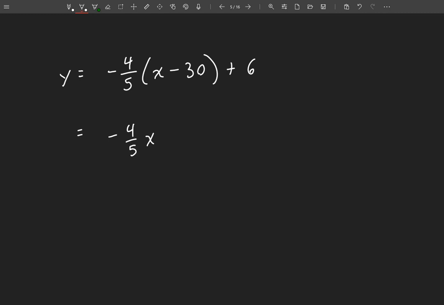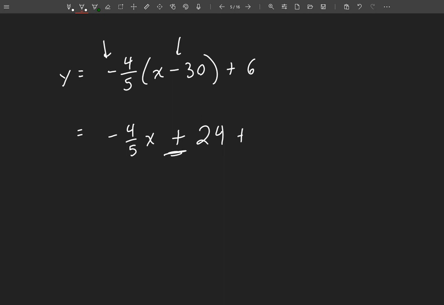30 divided by 5 is 6. 6 times 4 is 24. So just do that first. And just notice that that's a negative, that's a negative. Negative times a negative is a positive. I wouldn't try to think about, well, I'm dividing by a positive 5 and then multiplying by negative 4. Don't make this overly complicated. It's just a negative times a negative is a positive, so I know this number will be positive. So that's all I'm going to do with that.